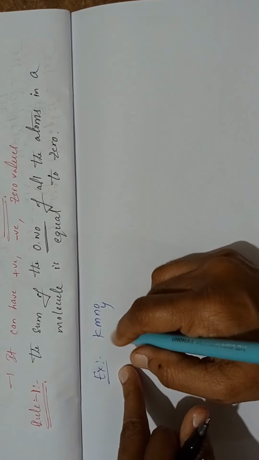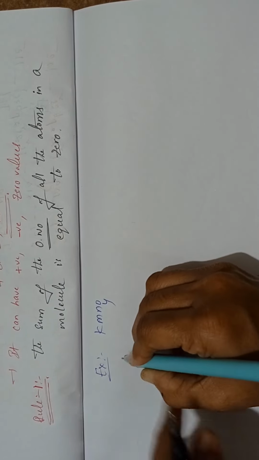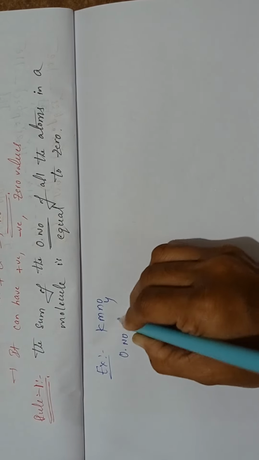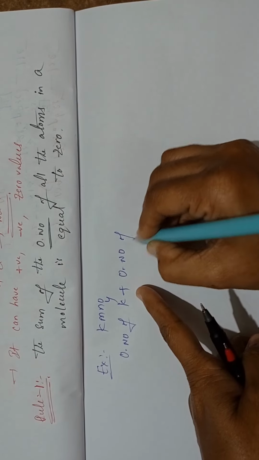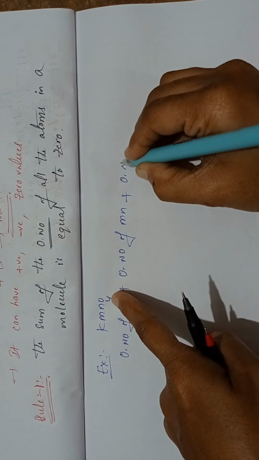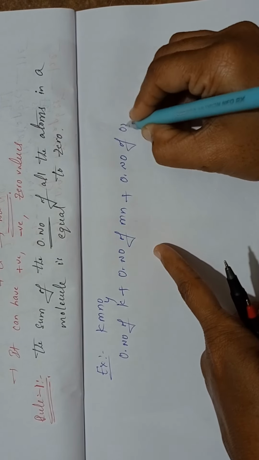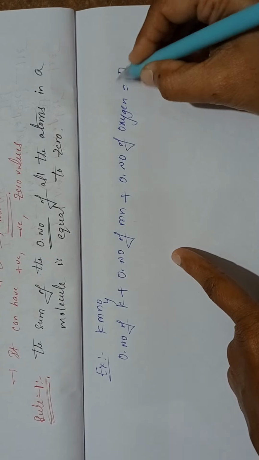So how do we write it? First of all, the oxidation number of potassium plus the oxidation number of manganese plus the oxidation number of oxygen. This sum should be equal to 0.